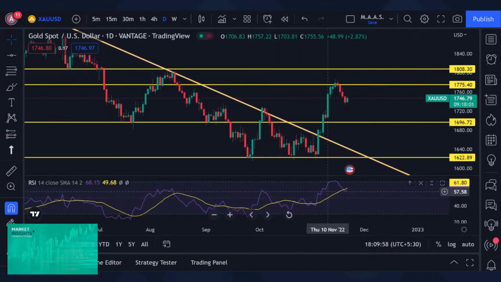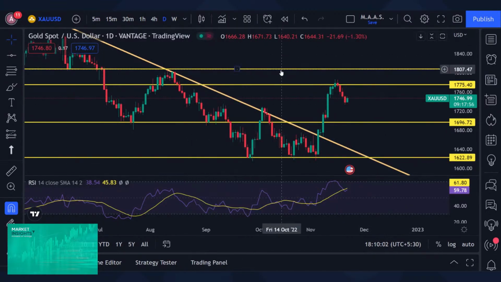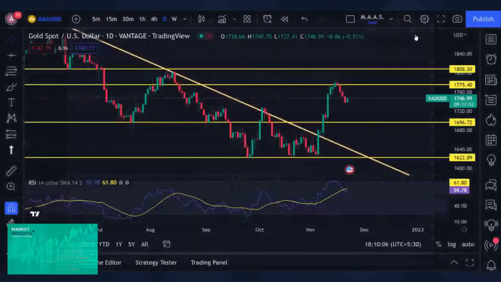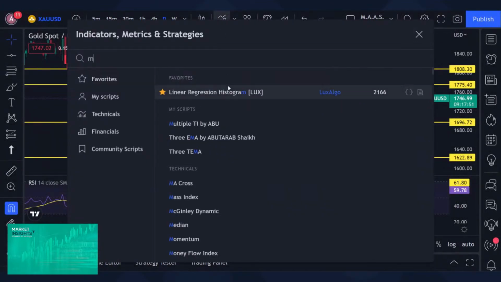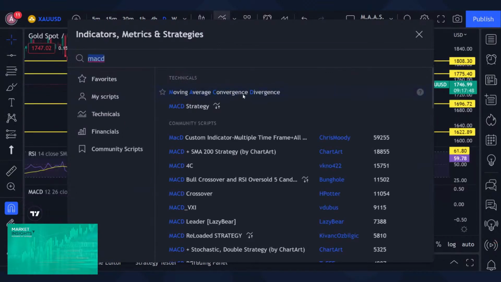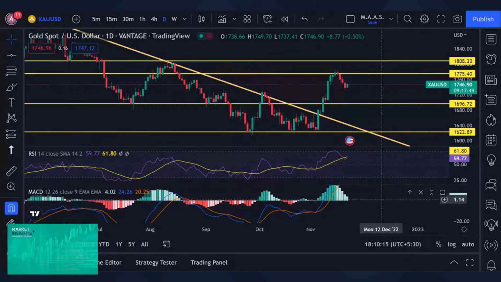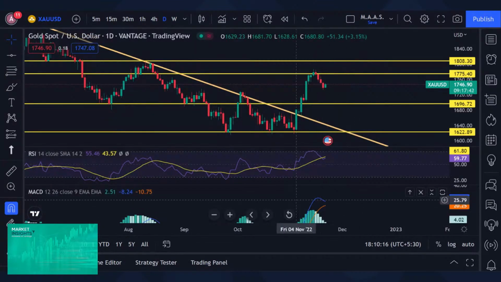RSI is a line chart. We have seen it here. Now let's see moving average convergence divergence, MACD, as it is called in short. This is again, except for the histogram, a line chart.